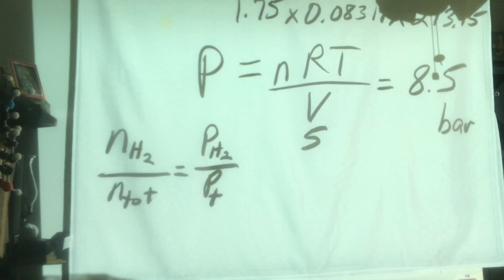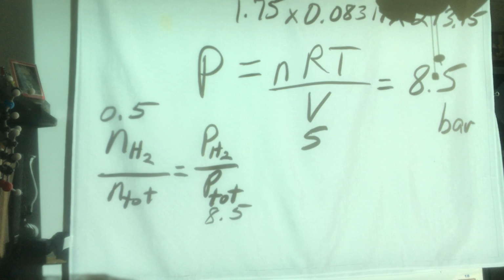So we're using two of the ratios that we talked about. And we have the number of moles of hydrogen gas over the number of total moles is equal to the partial pressure of hydrogen gas over the total pressure. The total pressure we have is 8.5. The number of moles of hydrogen gas was 0.5.